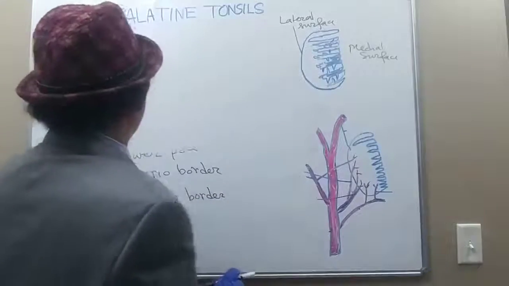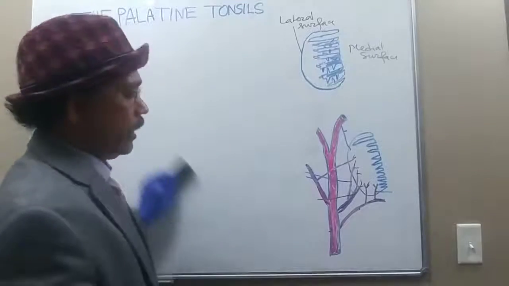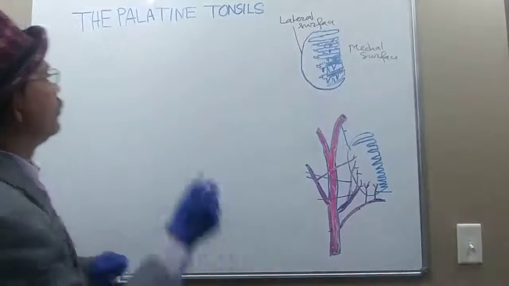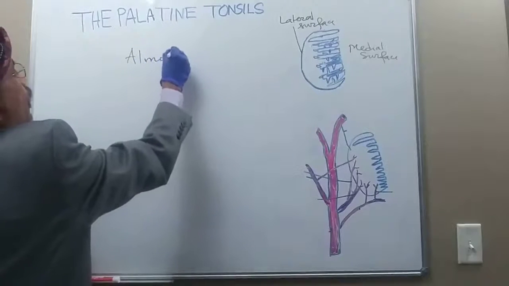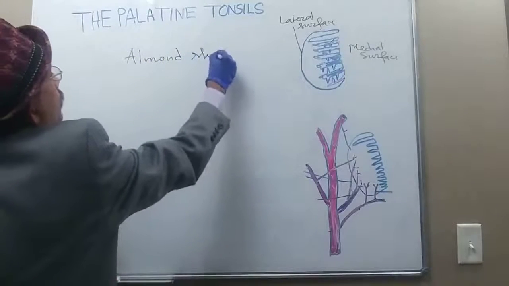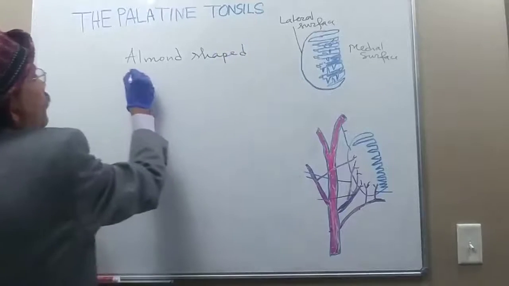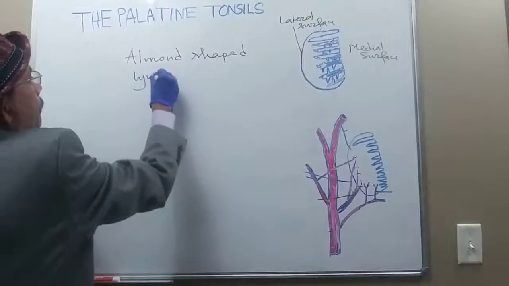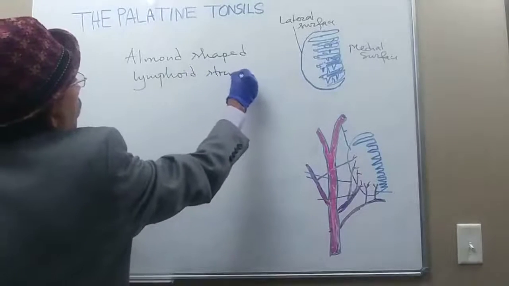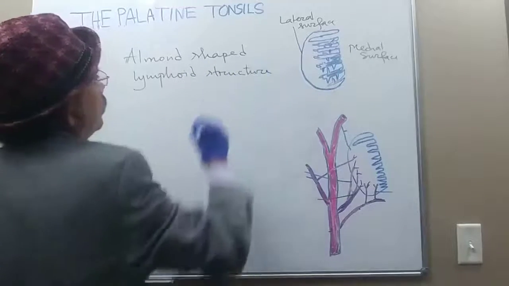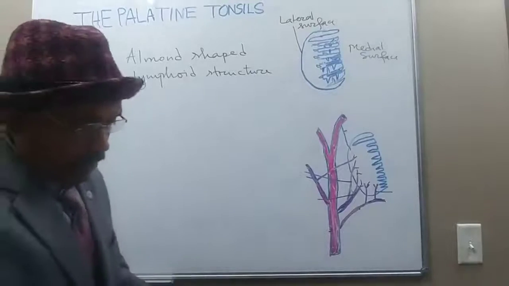The tonsils look like an almond, almond-shaped lymphoid structures.